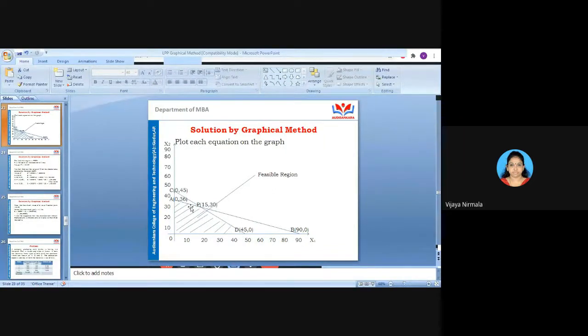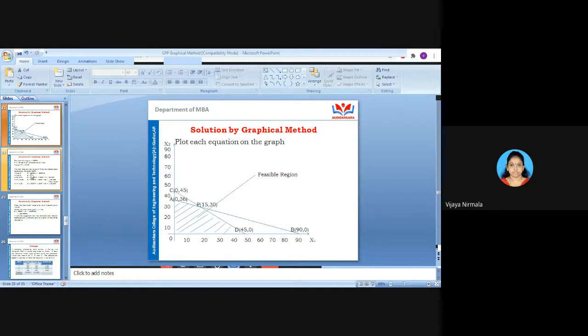So where you have shaded, that is where the corner points come. So A, P, D. Also O, in the sense of origin. O, D, P, and A. This is the feasible region. I think you understood the feasible region.